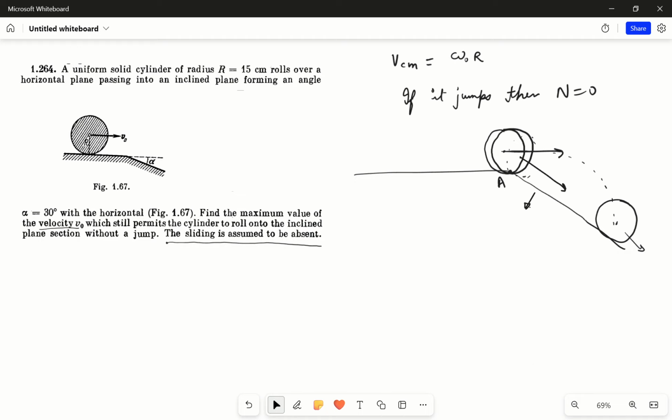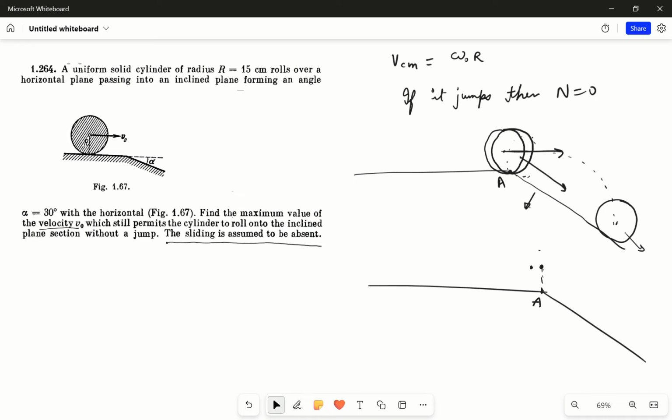Its direction of motion will become parallel to the inclined plane slowly, and during this motion, the center of the solid cylinder, let's assume it was here initially, would be just above this point.